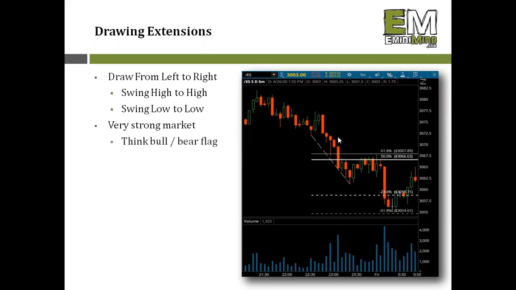And you can think of it like a bull or bear flag. The market moves almost straight down, or very strongly down, and then moves sideways, and then moves down again, and then moves sideways. A lot of times that flag is only like a third of the pole of the initial move.